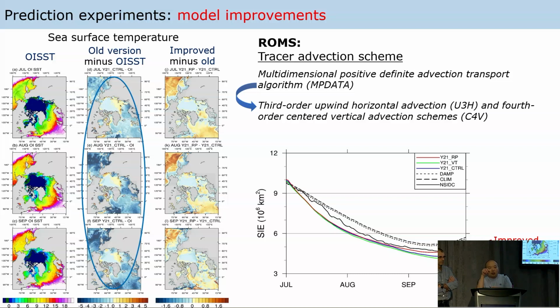We plot this vertical profile of temperature and salinity. In the Arctic Ocean, we can see this grayscale oscillation, but not in sea surface temperature. So we see this reduced oscillation.